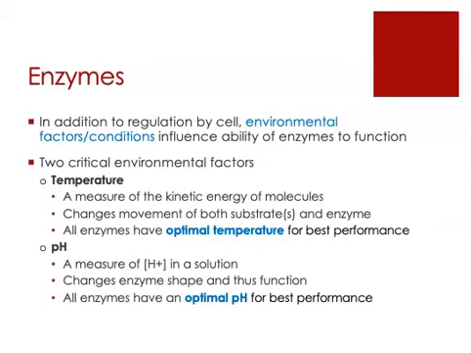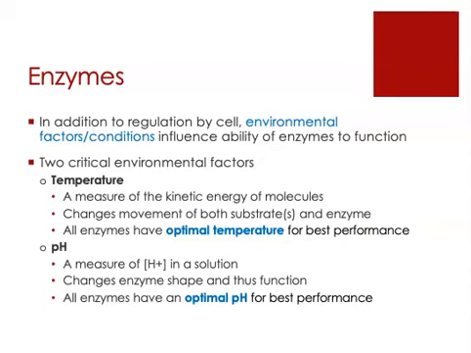So, if the temperature conditions change in a cell, that's going to change the kinetic energy of the molecules in that cell. That's going to change the motion of both the substrate and the enzyme. And you might say, well, why does that matter? Well, it turns out that motion is important for bringing the enzyme and the substrate together.